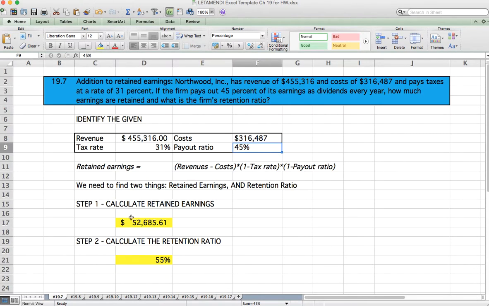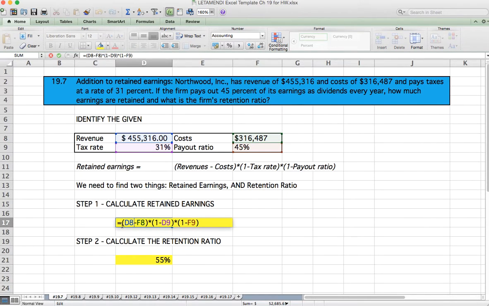So the first step is to calculate the retained earnings, and using this formula right here, we do equals, open parentheses, and again, as I mentioned in a previous video, please get into the habit of putting in your formulas the cells that you're referencing from as opposed to typing in the formula here. It really helps expedite the process of troubleshooting in the event you hit an error in the future.